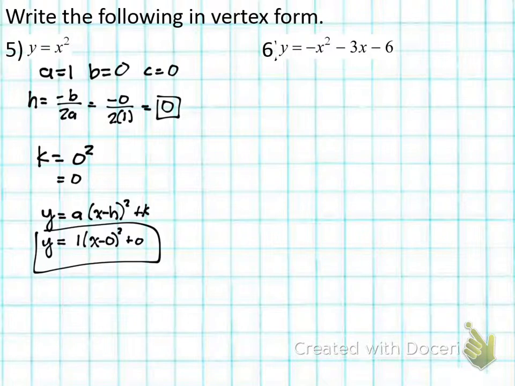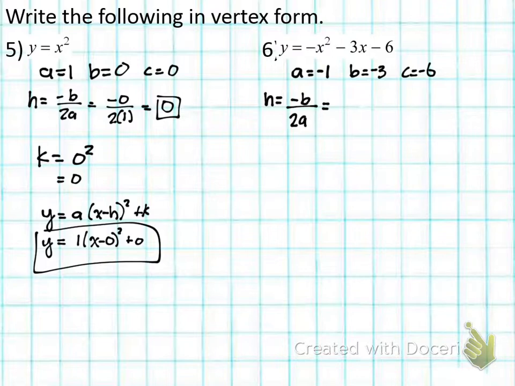Number 6, so what's A equal to? Negative 1. B is? C is? Good, okay. So now we start with H, which is going to be equal to negative B over 2A.